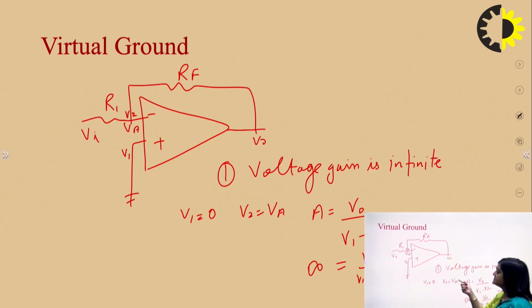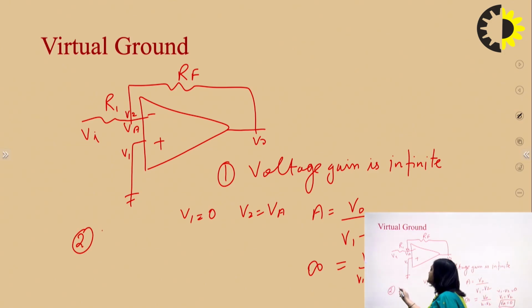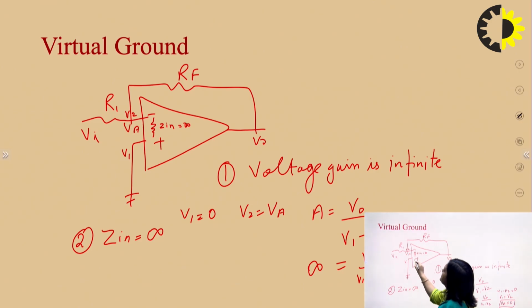So one reason is this, and another reason is that ZIN is infinite. ZIN is the input impedance, the impedance between the two terminals, negative terminal and positive terminal. Input impedance of op-amp is infinite. So due to the infinite resistance, the current coming from this point does not enter into the op-amp.